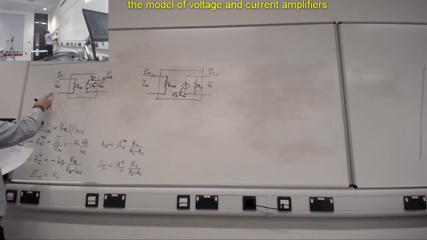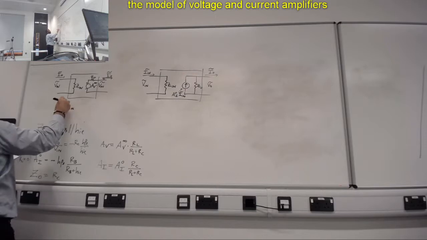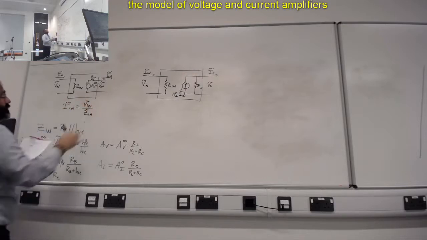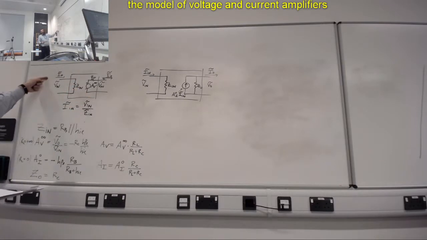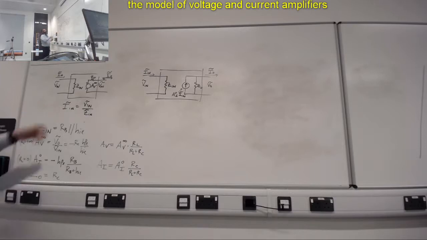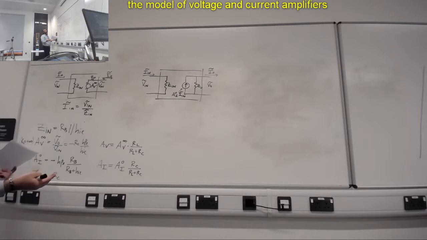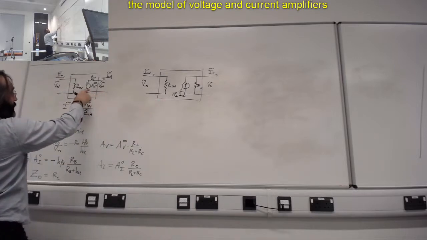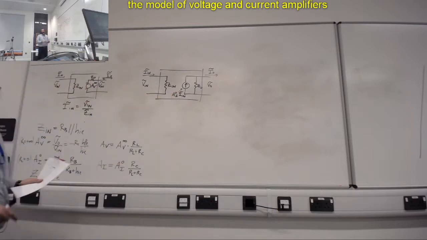From this input part, we can see that I in is V in over Z in. So if you were working with the voltage amplifier and you wanted to know what is I in, you calculate it. Or if you look at this side, how much is IO? Or maybe better, how can we relate AV infinite, ZO, and AI 0?